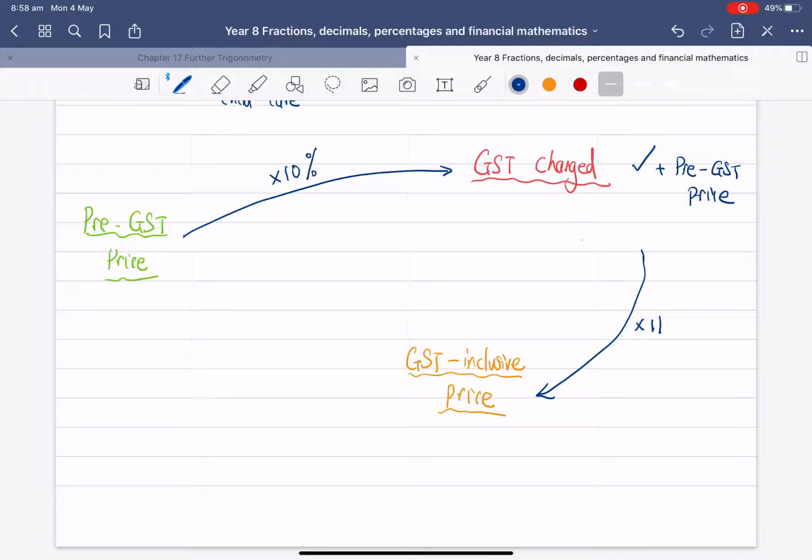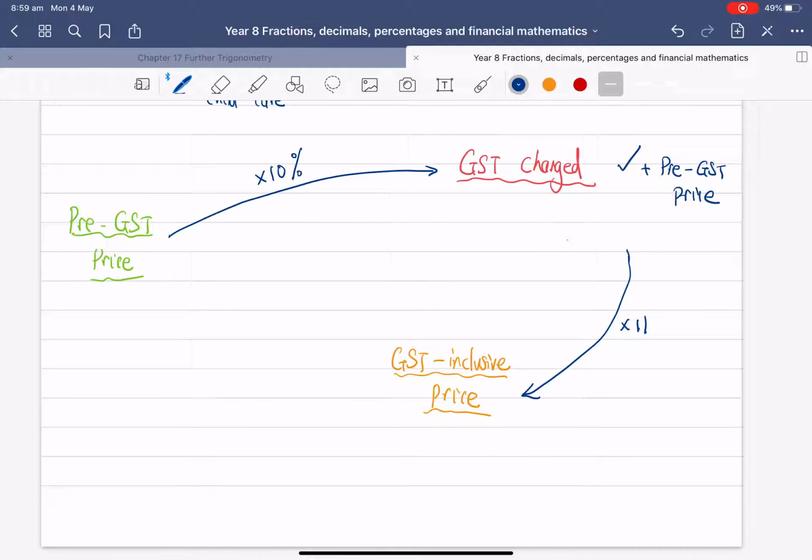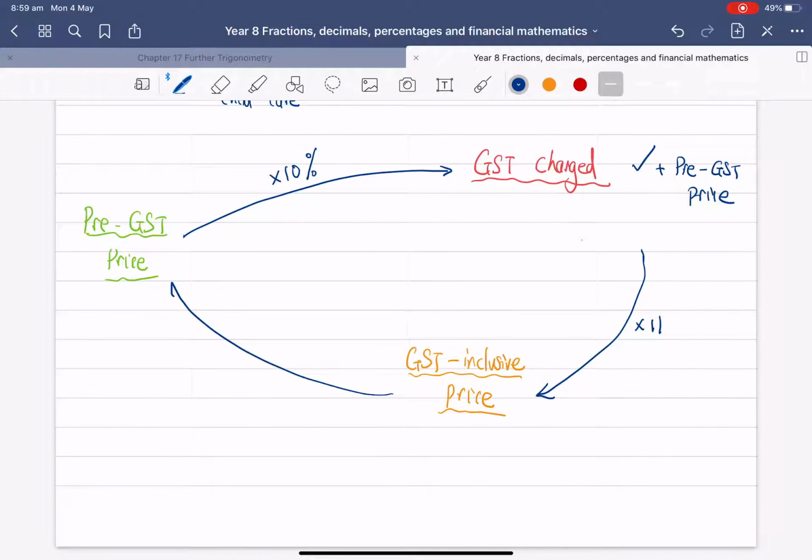And if you want to go from the GST inclusive price to the pre-GST price, we divide by 110%, or divide by 1.1. The reason is the GST inclusive price is 110% of the pre-GST price, because that extra 10% is the GST they charge you.